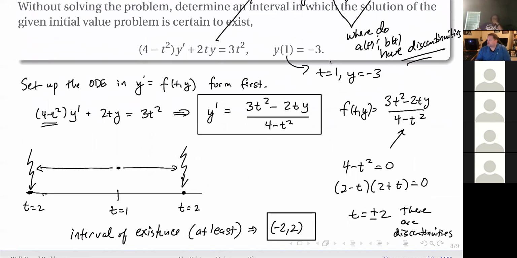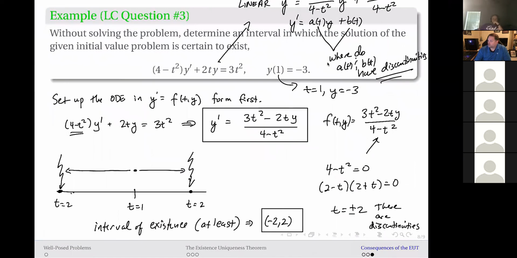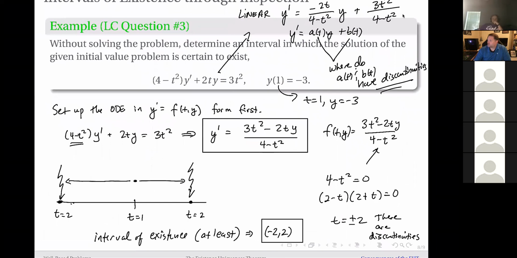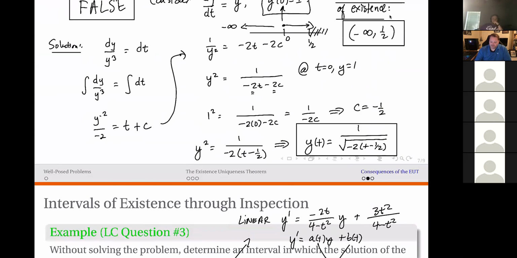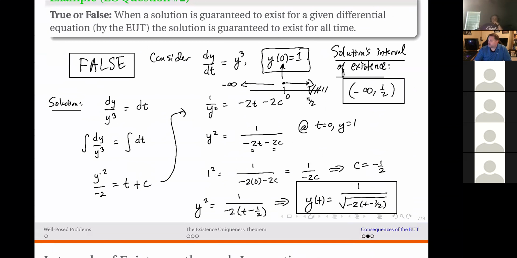You know that things are not going to go bad for this equation so long as you don't cross any values where a of t and b of t are bad. But that does not apply to nonlinear equations, like you saw in the previous example. We ended up having a bad point at t equal to 1/2, even though there was no reason to suspect t equal to 1/2 being bad based on the equation itself.